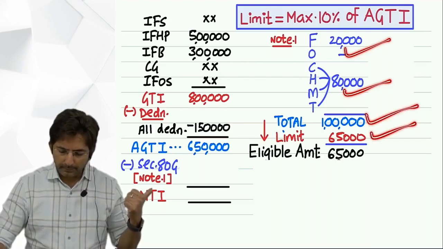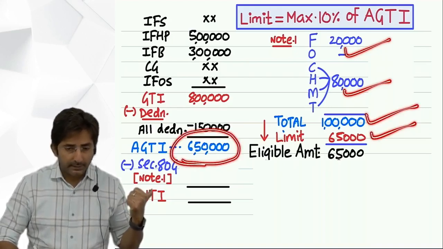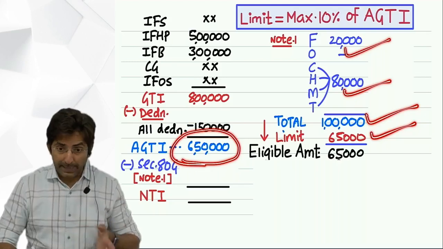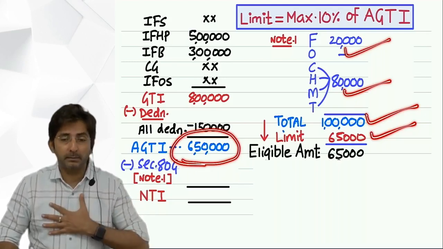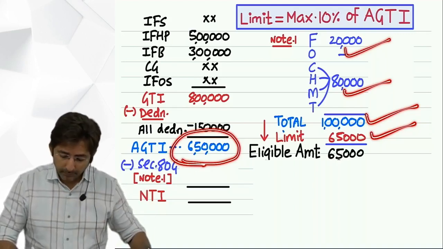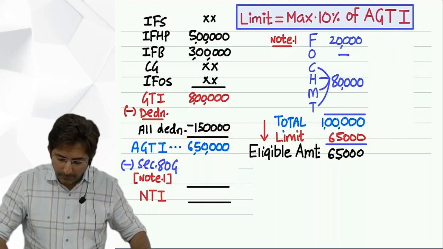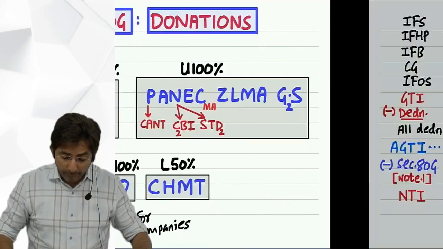Compare with the limit. How did I get 65,000? 10% of AGTI. This is a fixed rule. Learn it by heart: 10% of AGTI is the maximum donation you can make in the FO Chamat category. So now tell me how much is eligible? 65,000 only.